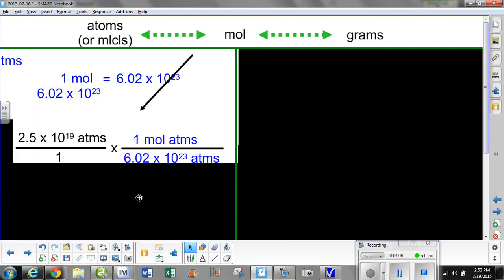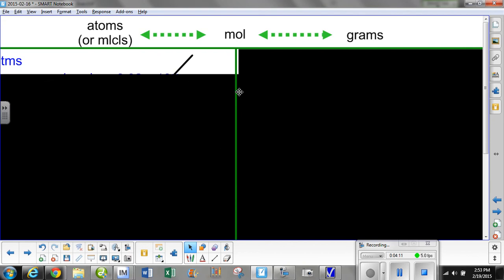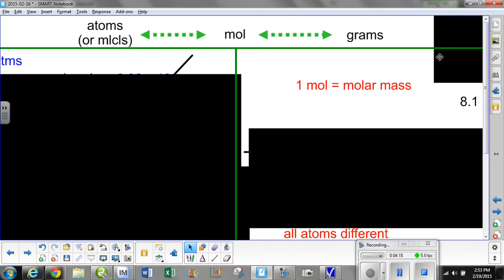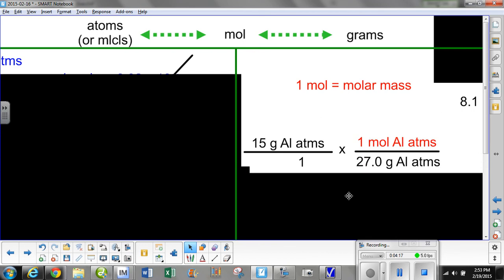Now when we start working with the stuff over on the other side, it gets very, very different. Because now we have to look to the periodic chart. And so the periodic chart is going to give us this number. We call that the molar mass. And it's just the mass of 1 mole of these atoms.